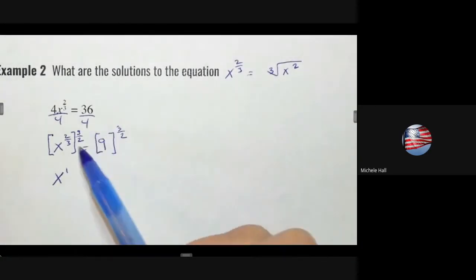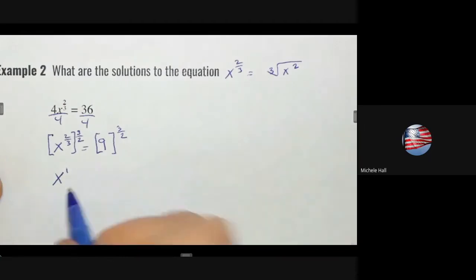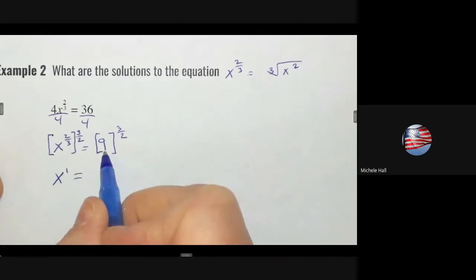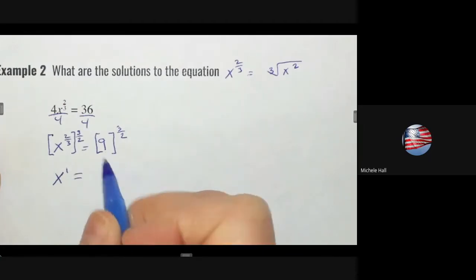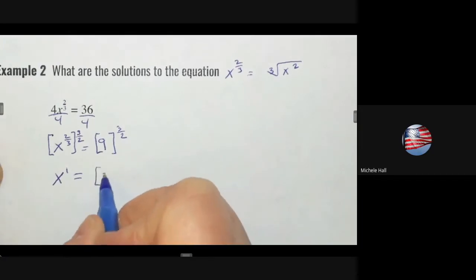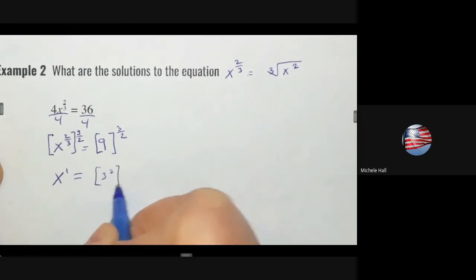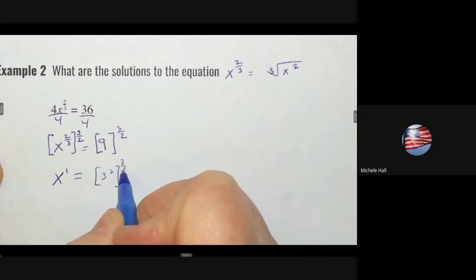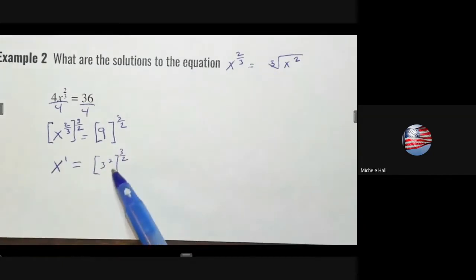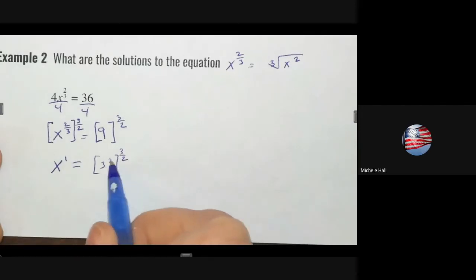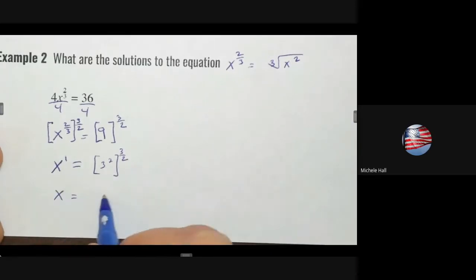And then I see that my 3's will cancel, my 2's are canceling, I have an x. I'm going to change my base to 3 squared. And now I can see that 2 times 3/2 is just going to be 3 to the 3rd power. The 2's will cancel. x equals 3 cubed, so x equals 27.